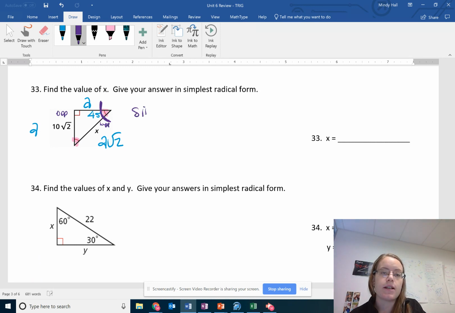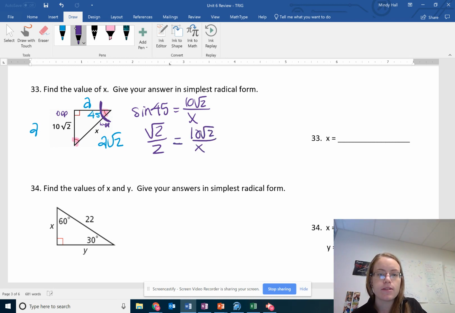So I'd have sine of 45 equals opposite 10 square root 2 over hypotenuse, which is x. Sine of 45 is square root 2 over 2. So we have 10 square root 2 over x. When we cross multiply, we get x square root of 2 equals 20 square root of 2. And then we divide by the square root of 2. So then x equals 20.